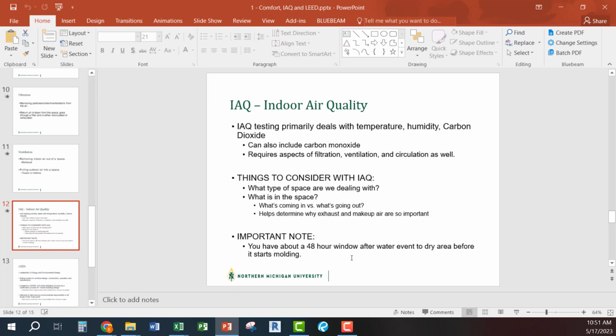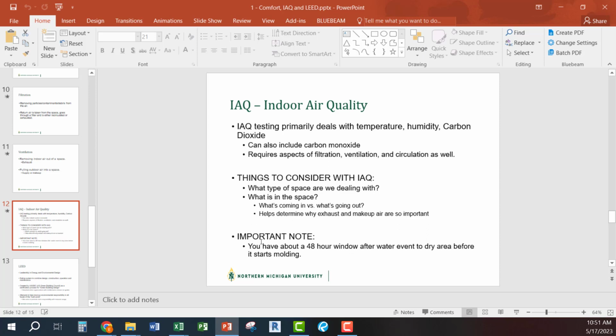It is important to note, though, that because humidity is such a big deal, we want to maintain a nice temperate humidity. If there is any kind of water event, you generally have about 48 hours to dry the space out before mold can start.